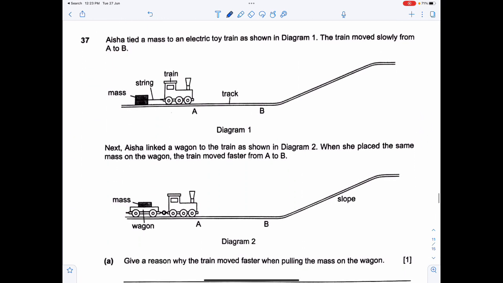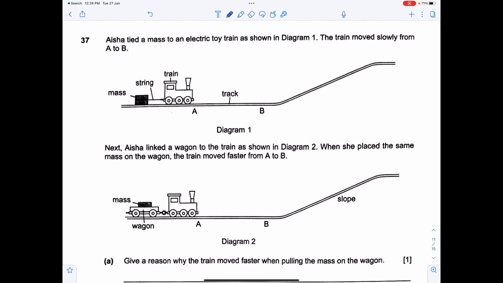I attached a mass to an electric toy train as shown in the diagram. The train moves slowly from A to B. Next, Aisha linked a wagon, so there's one more additional item. When she placed the same mass on the wagon, the train moved faster. So what is the changed variable?